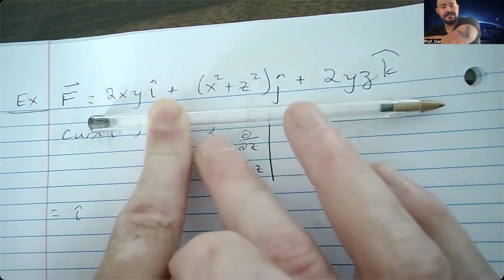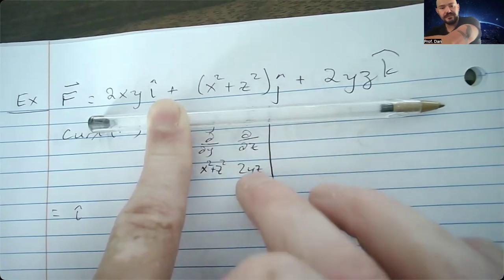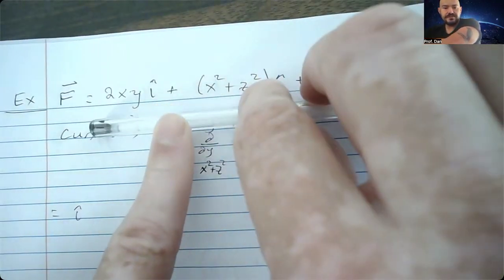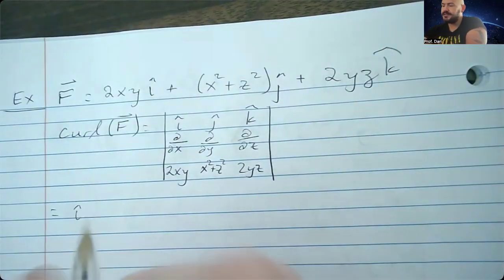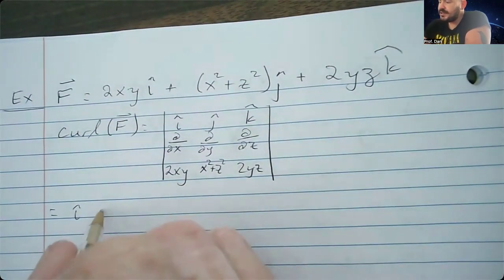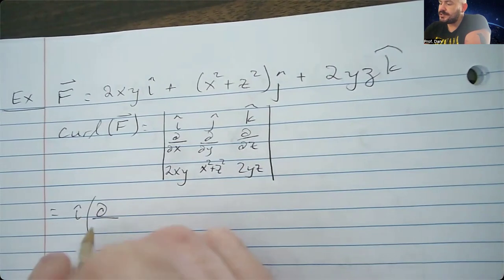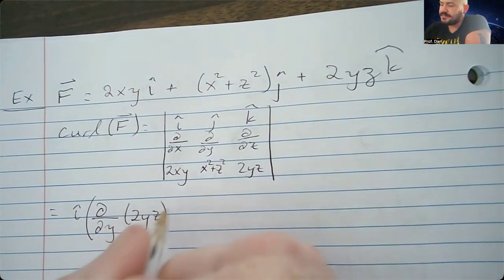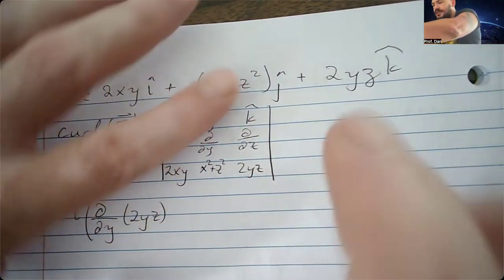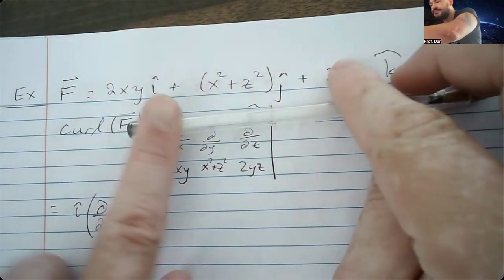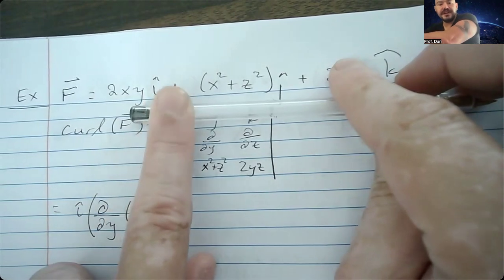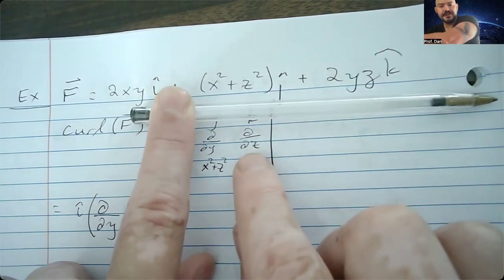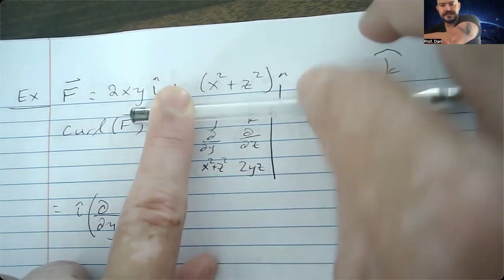Basically, that just means that this operator will act on this thing. So that first part, we're going to have the partial with respect to y of 2yz. And we're going to subtract from that the partial with respect to z of x squared plus z squared.